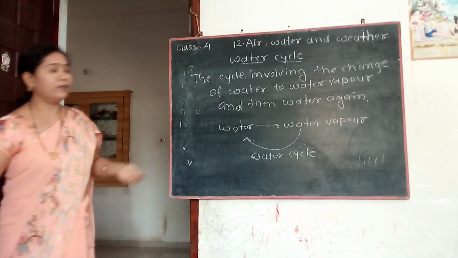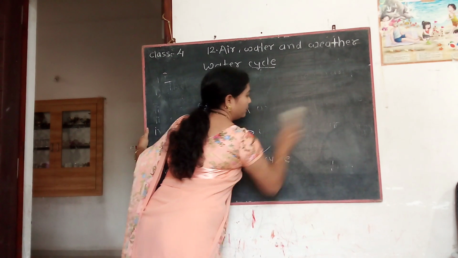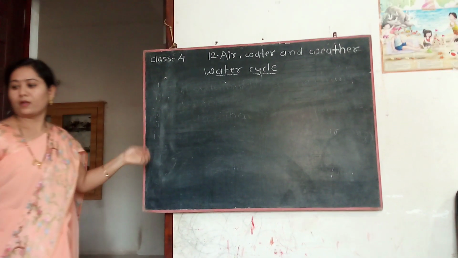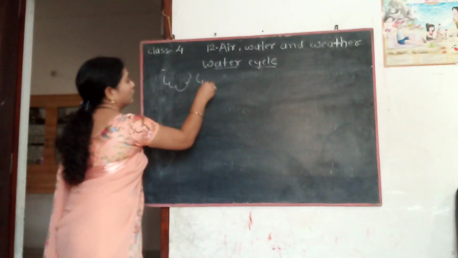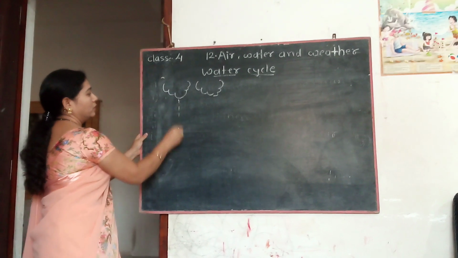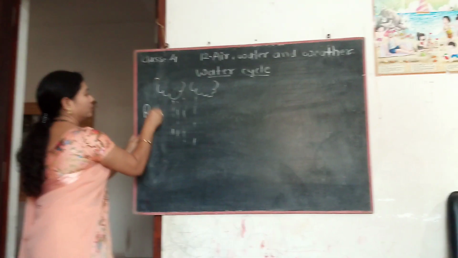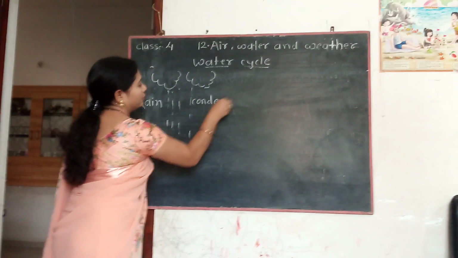We understand this water cycle by drawing one more picture. We get water in the form of rain by the process of condensation.